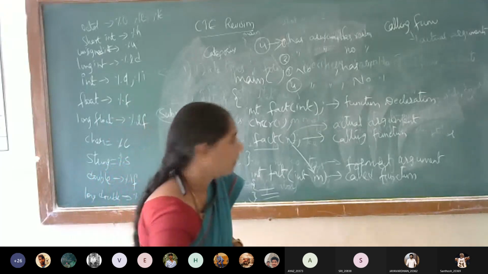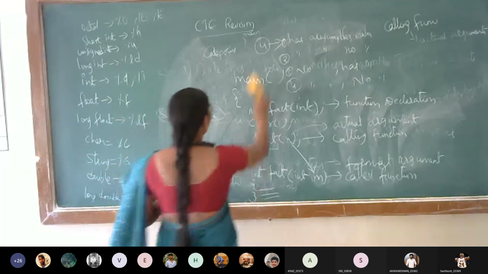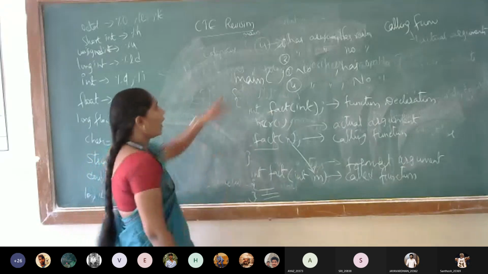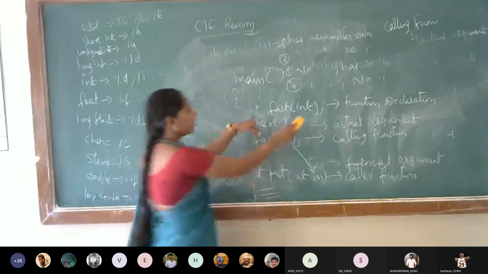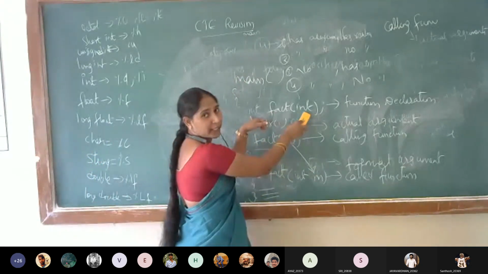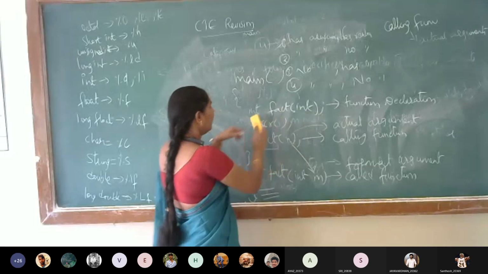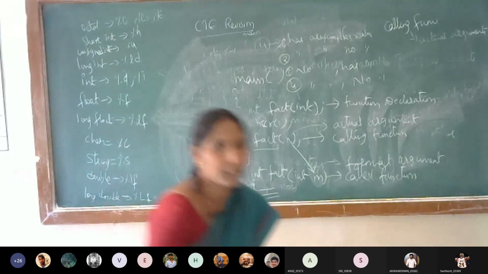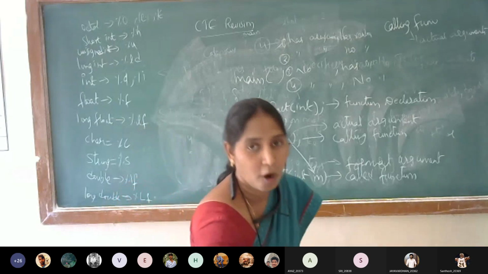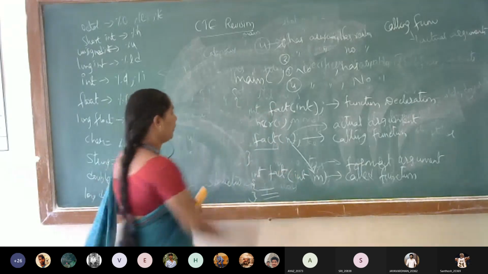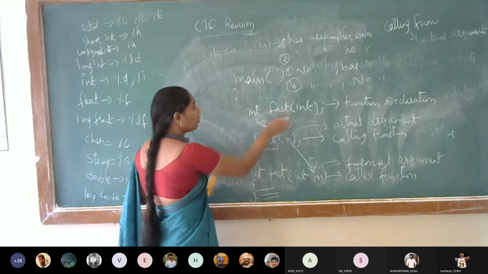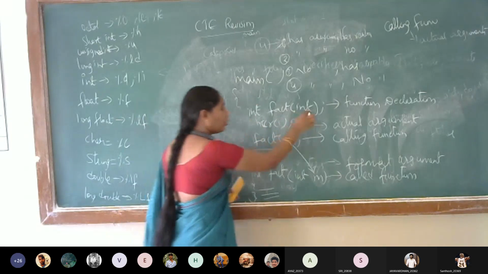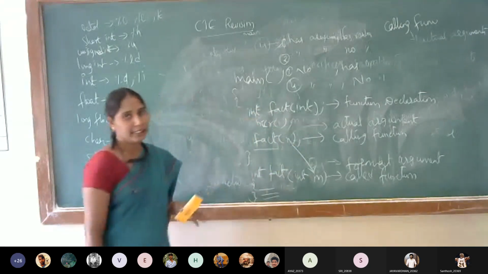Is it clear? Coming to the last topic, has argument: in the calling function you should specify int, the argument should be present. Has return type means it should compulsorily be of either long int or float, whatever it may be. So this function has an argument and also a return type.